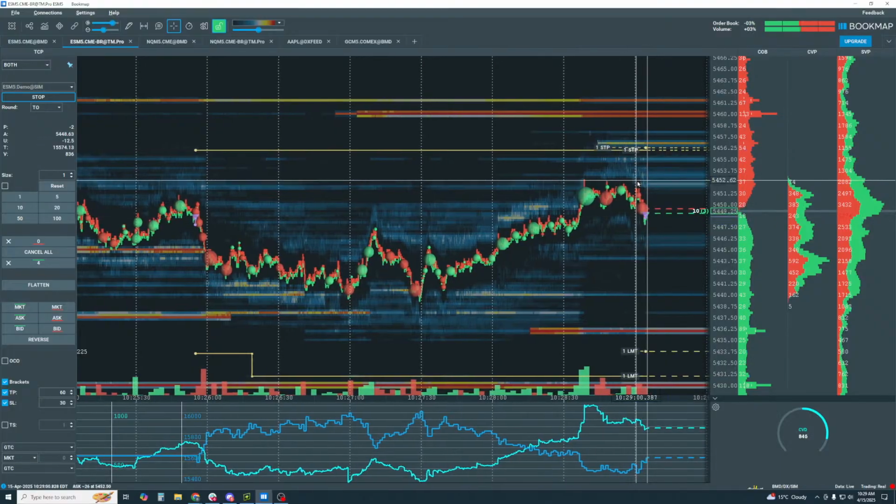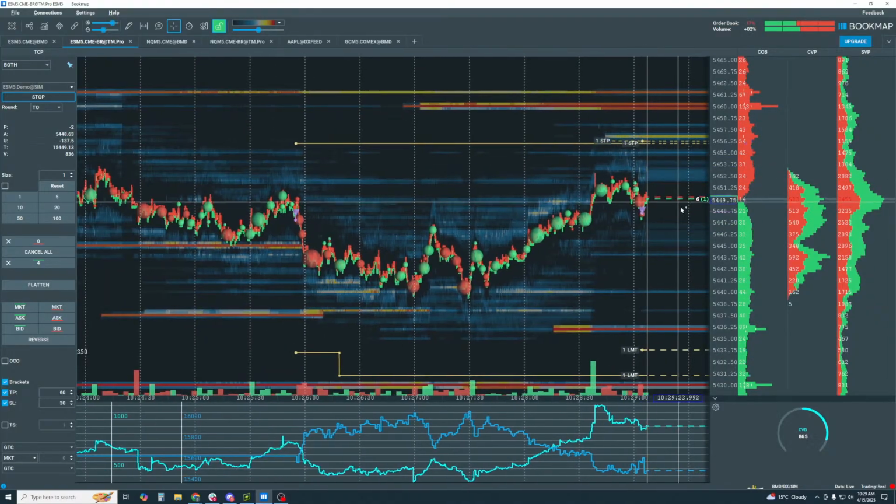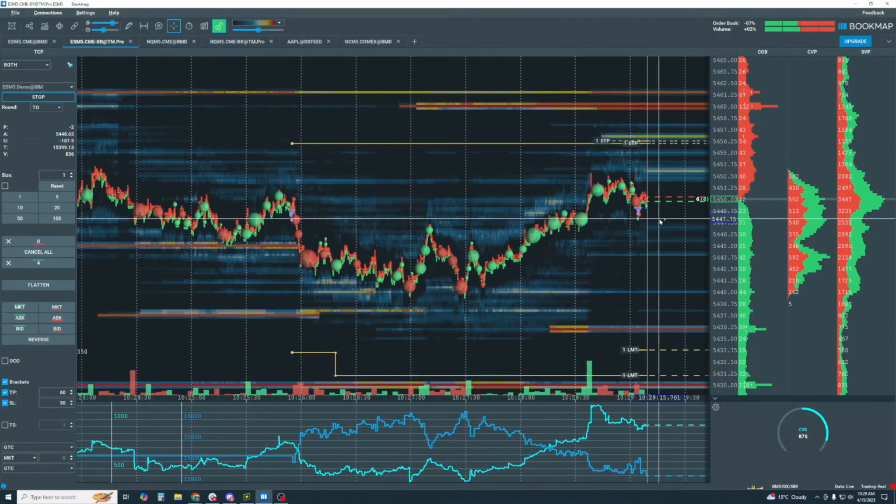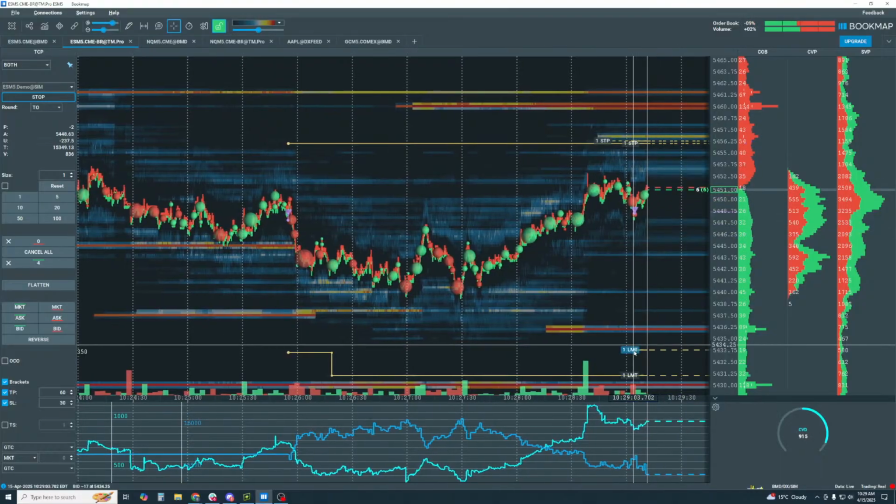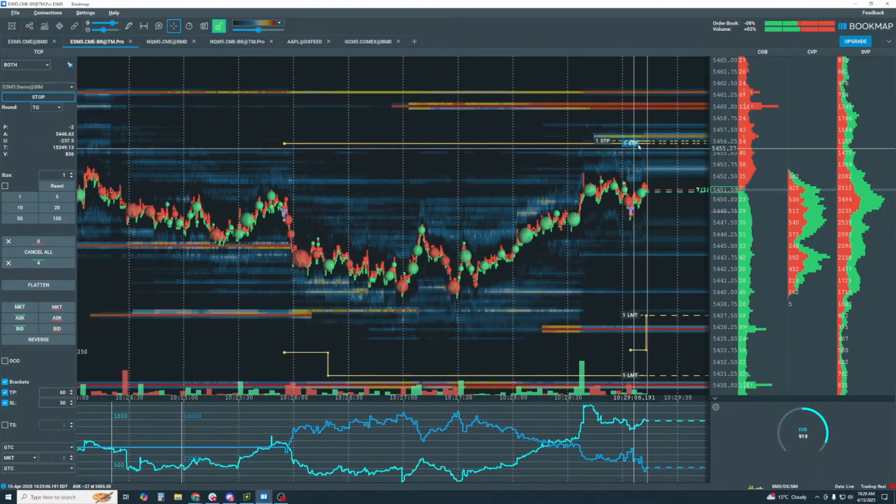Okay, there's our sellers. We're going to enter again, pretty much at the same spot. And I'm going to move this guy up in front of this liquidity here.